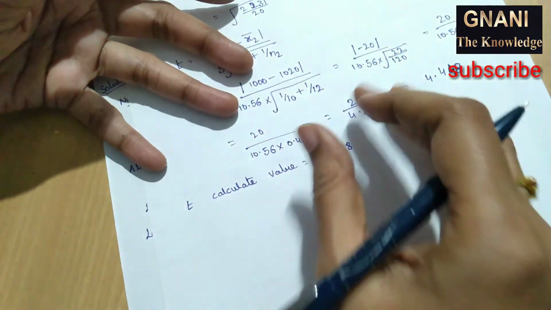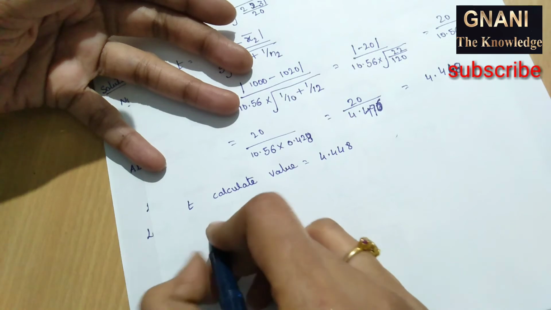After that we have to find out the t table value. To find the t table value, we have to know the level of significance and degree of freedom.